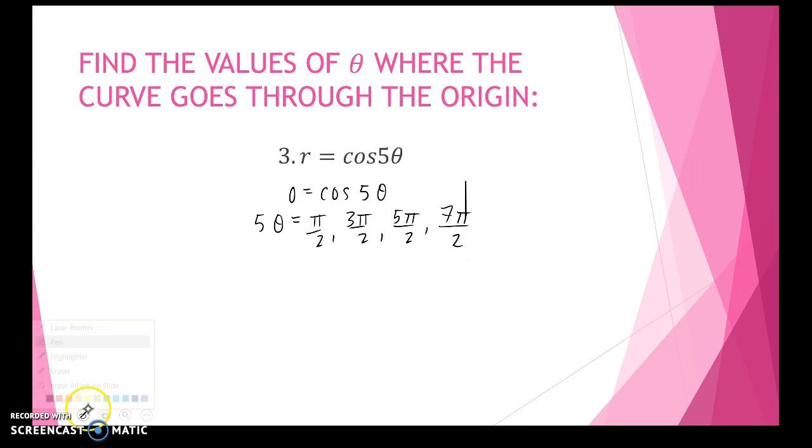And you'll find that these are going to give us more than enough information. So I'll stop here. Okay, so then solving for theta, multiply all of these angle measures by 1/5. So pi over 10, 3 pi over 10, 5 pi over 10 would give us pi over 2, and then 7 pi over 10.